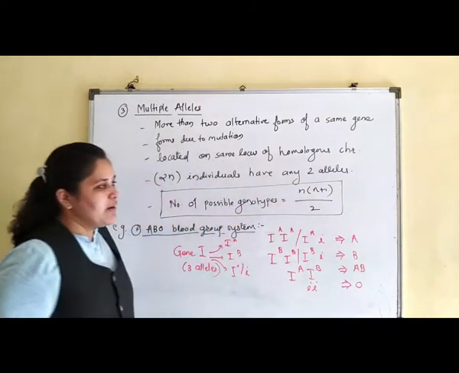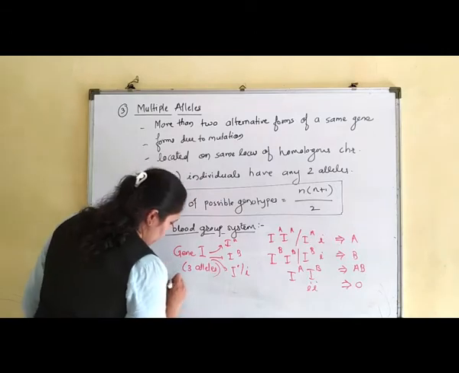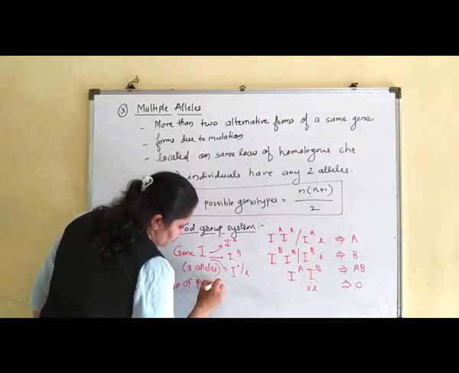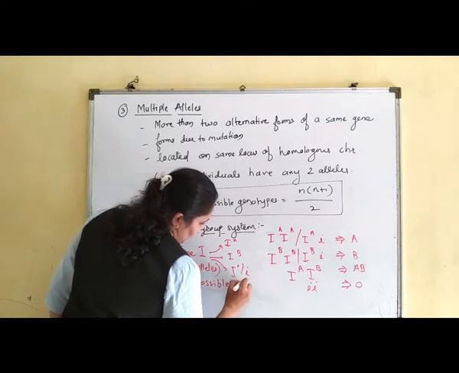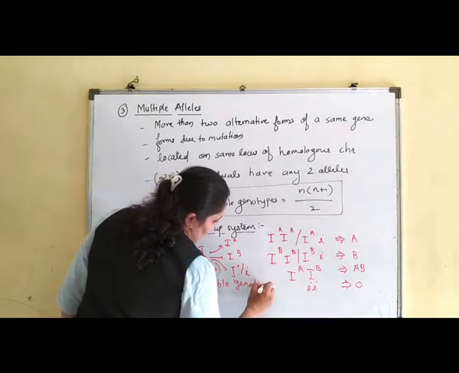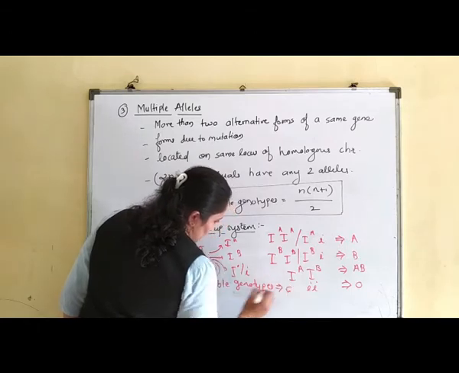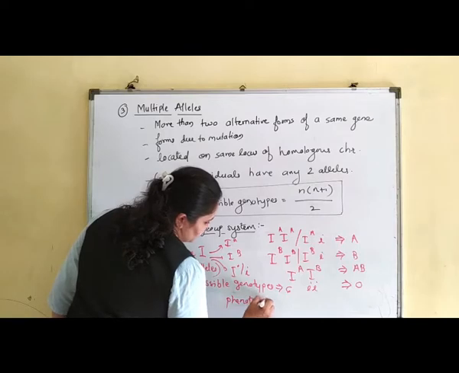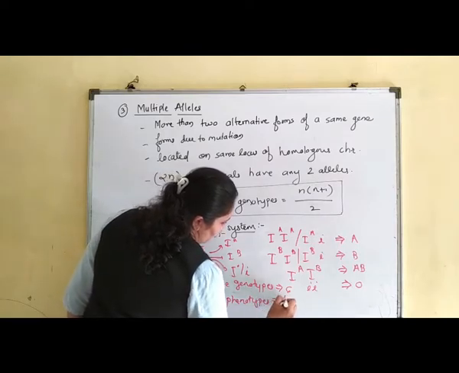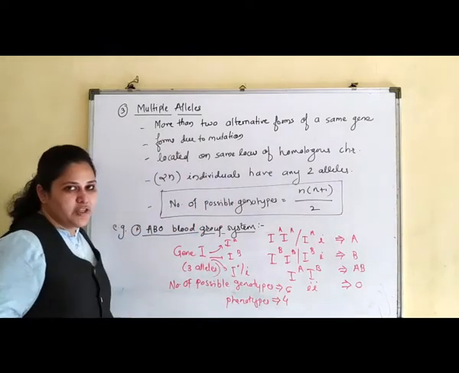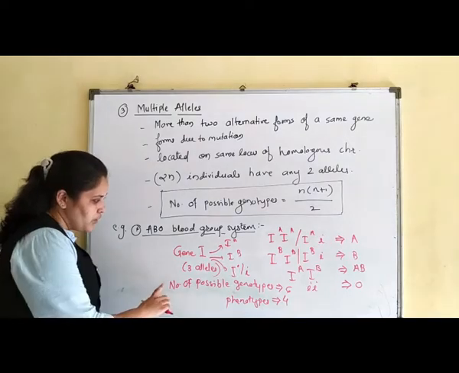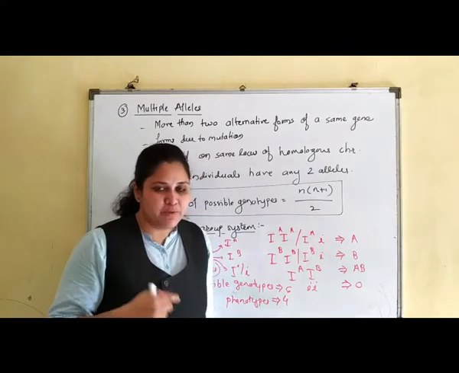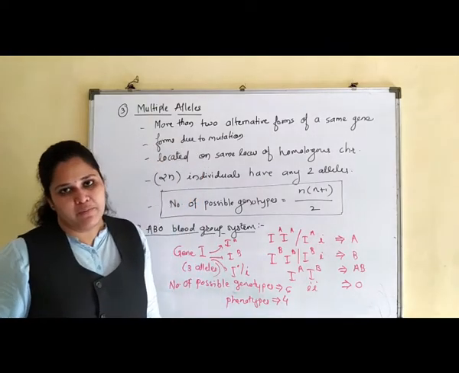So in case of the ABO blood group system, the number of possible genotypes is 6, whereas the 6 genotypes give rise to 4 phenotypes. This question can be asked for theory also. So in the ABO blood group system, 6 possible genotypes give rise to 4 possible phenotypes.